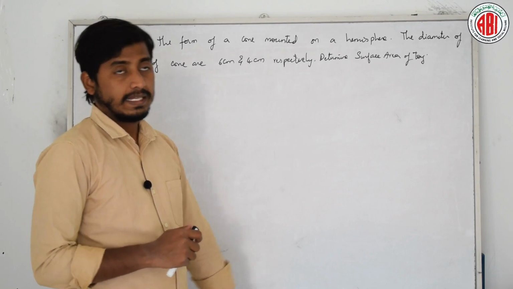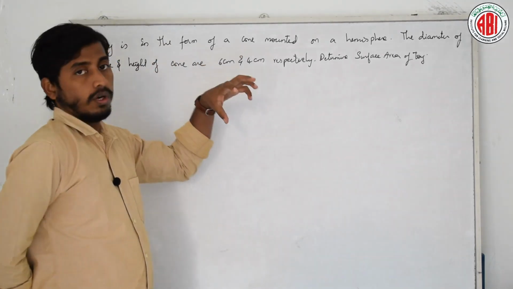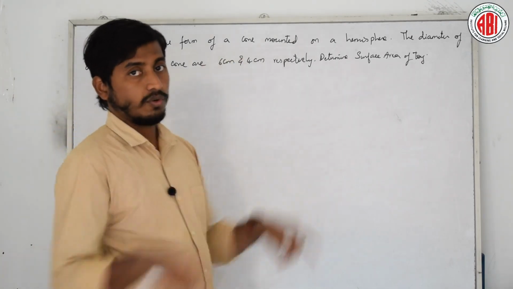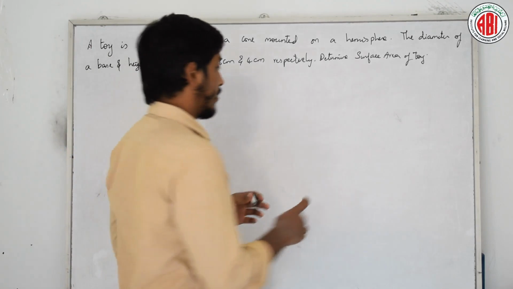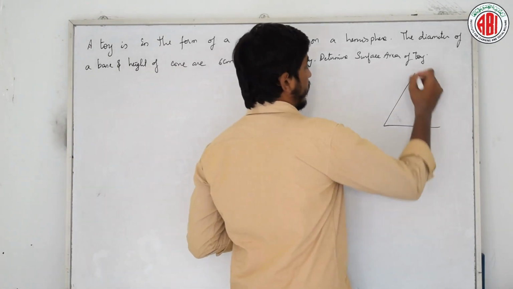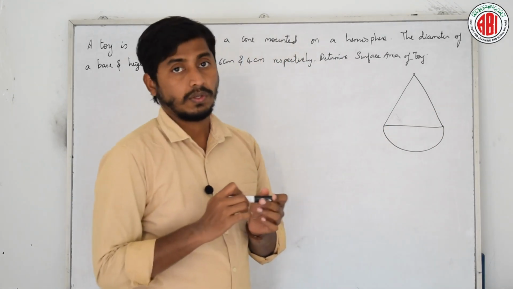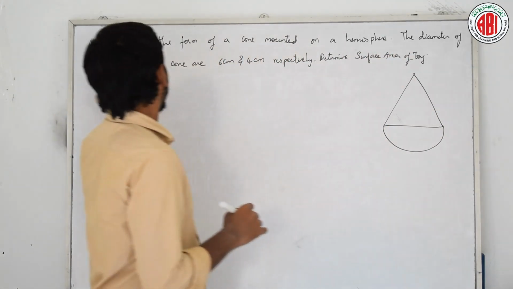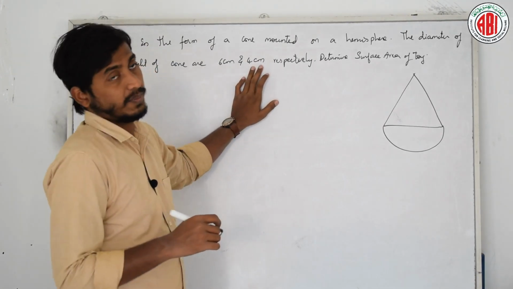Okay, shall we start? See here, what's the question given? A toy is in the form of a cone, right? Hope you know what a cone is. Mounted on a hemisphere. That is, if a cone is like this, it is mounted on a hemisphere. The diameter of the base and height of the cone are 6 and 4 centimeters respectively.